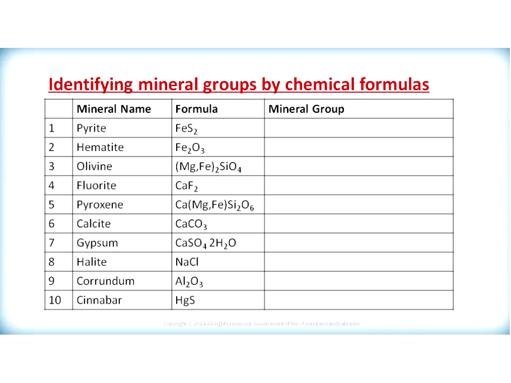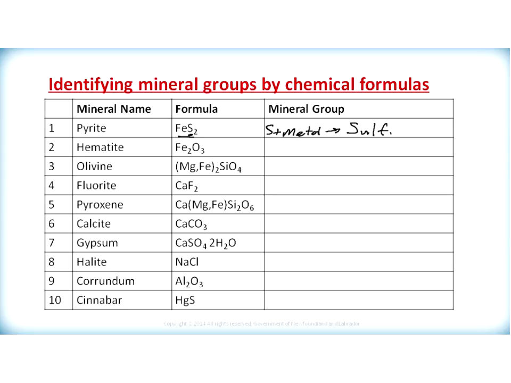Let's look at some of your chemical formulas that are used to classify mineral groups. If you look at the mineral pyrite, we see that its chemical formula is FeS2. We see here we have sulfur, and in front of the sulfur we have a metal.